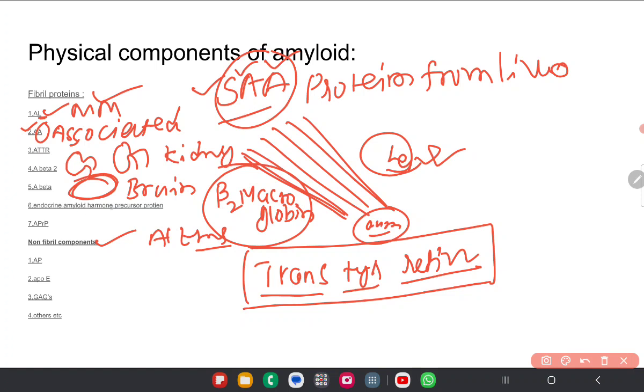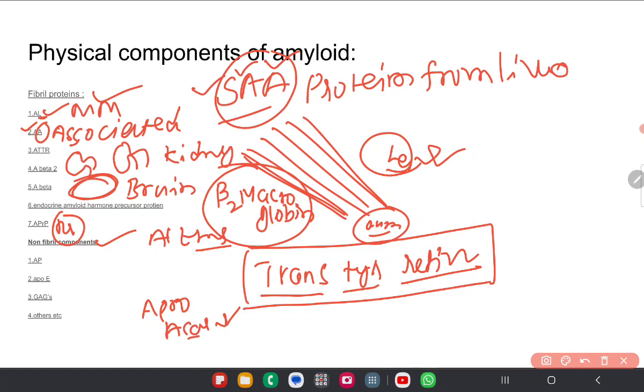Endocrine amyloid: the hormone precursor protein is related to hormones such as prolactin and calcitonin. Next, APrP is prion protein. Prion is a protein particle that doesn't have any nucleic acid, only proteins are present.